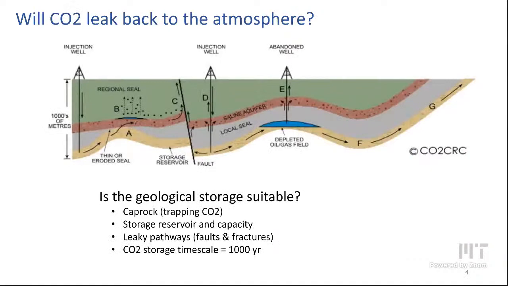This slide explains why potential leakage pathways or faults pose a risk to subsurface CO2 storage or containment. In CCS, CO2 is injected and stored at least 800 meters below the surface, and we want to contain it for 1,000 years.